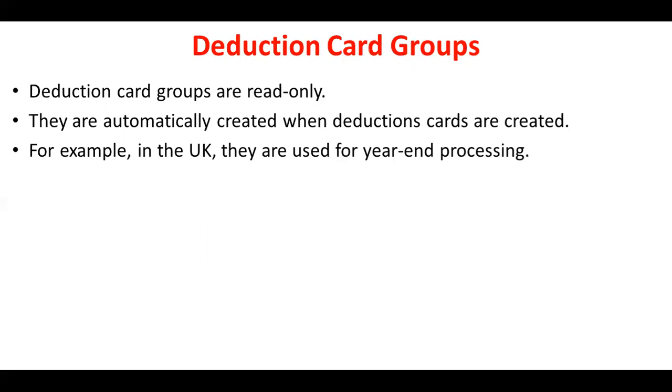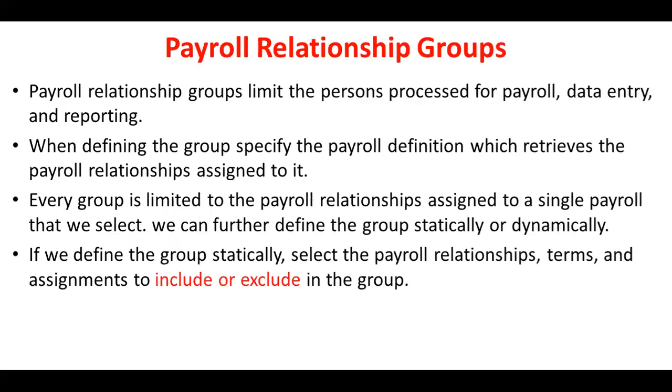If you go for deduction card implementation, the deduction card groups are read-only; we cannot make changes. They are created automatically the moment you create deduction cards, and are populated depending on the country.